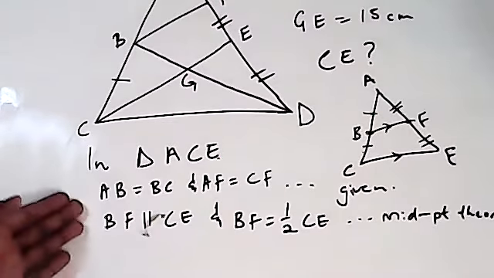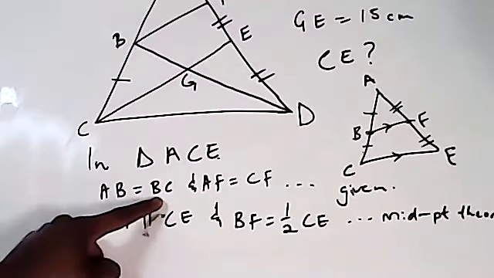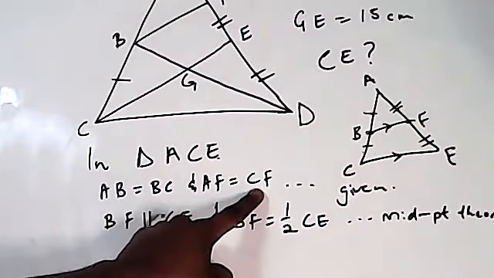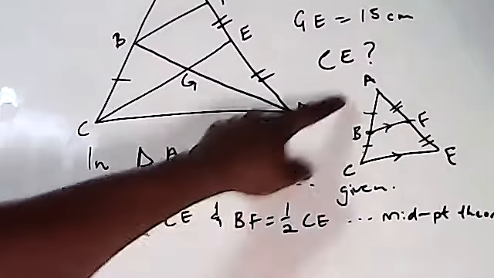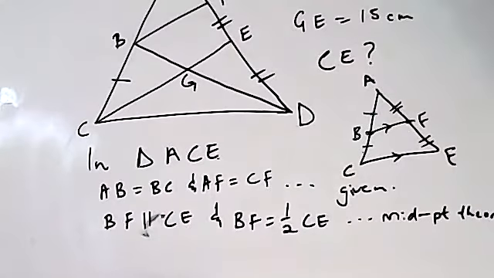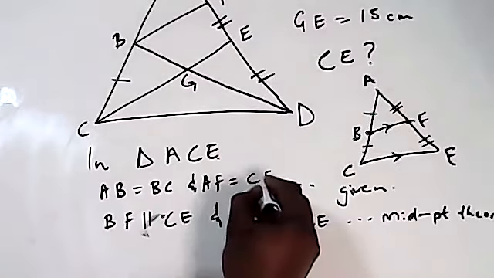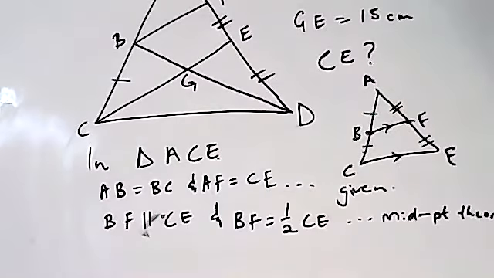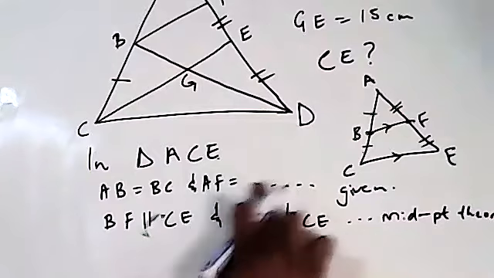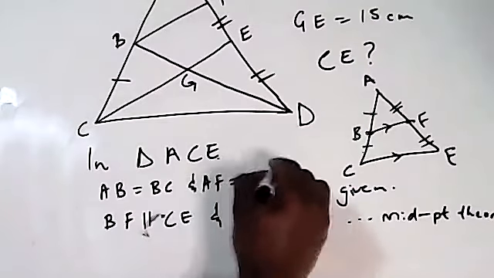So we come here and tell them that AB is equal to BC and AF is equal to FE. I hope I'm not confusing you.